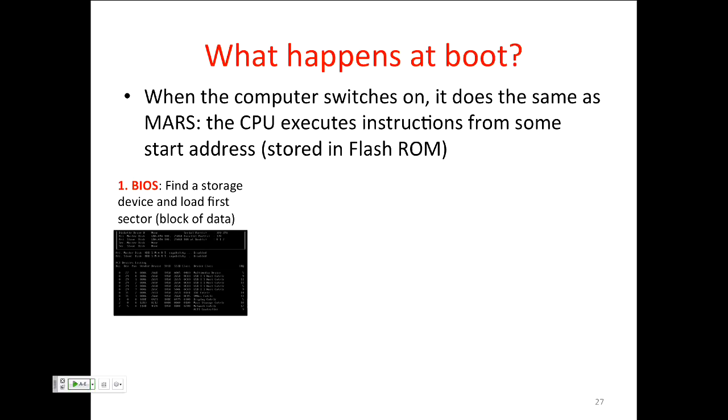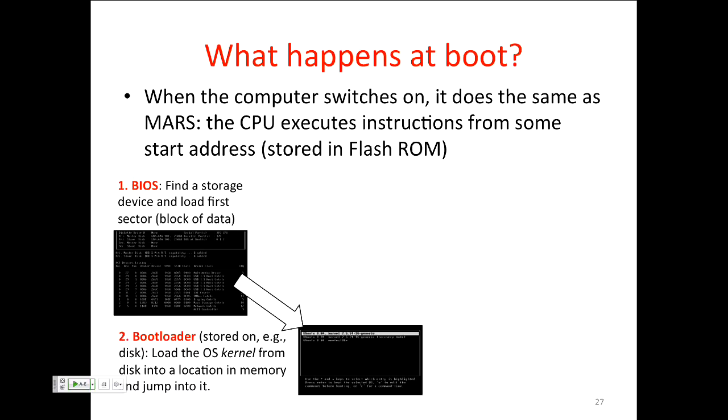That first block usually contains what's called a bootloader. A bootloader is another small piece of software that is responsible for loading an operating system. The reason you need a bootloader is that the BIOS doesn't understand the format of the data stored on the hard drive. It just knows it can read this block of data from the beginning of the hard drive, but it doesn't understand what files or directories are.